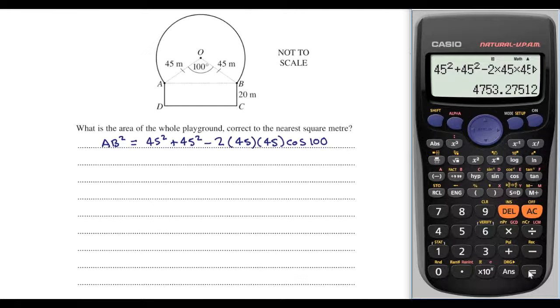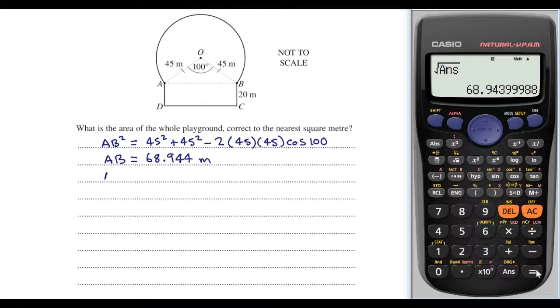Taking the square root of this answer gives a length of AB of 68.944 metres.